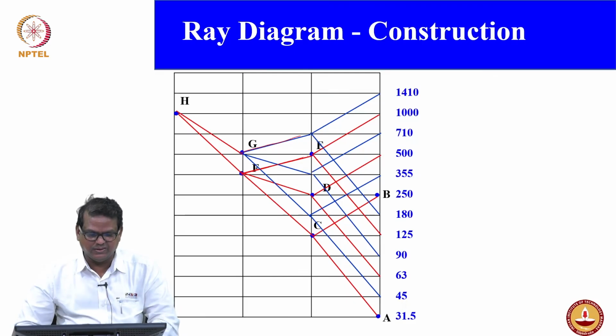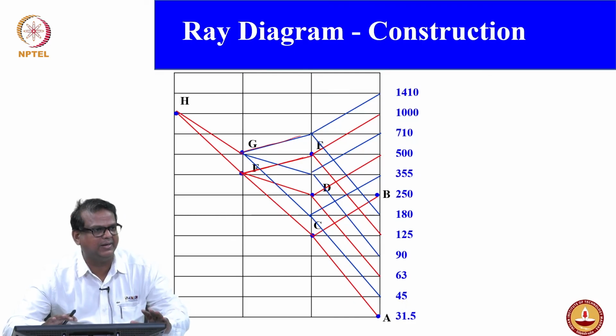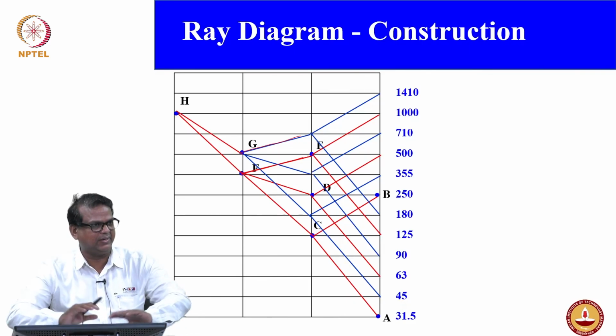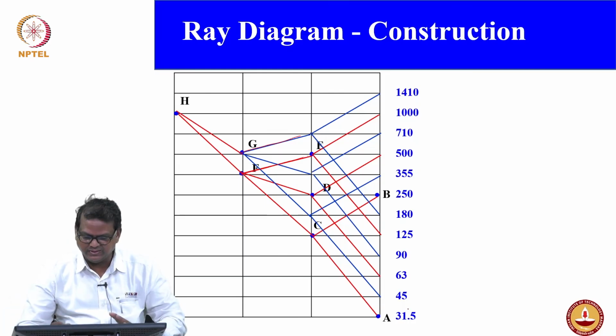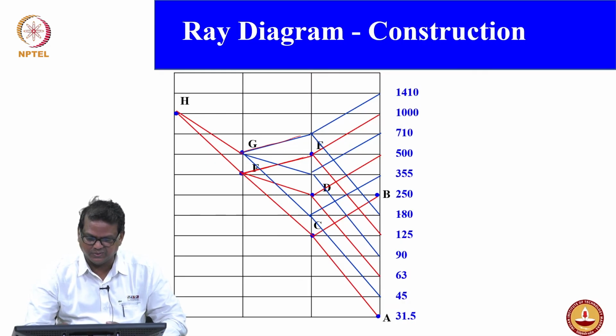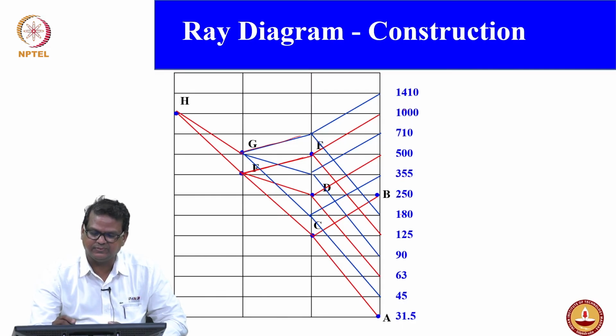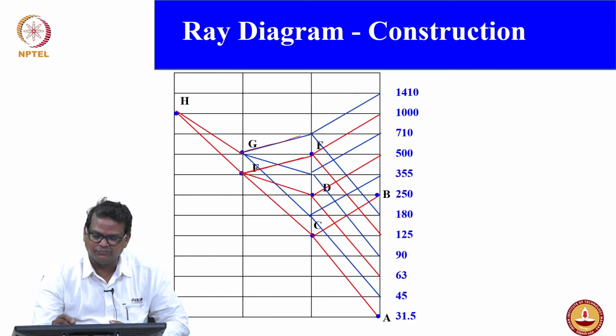Okay. Now can you see that? Did we fill the ray diagram completely? Did we arrive at all the 12 speeds? Look at 31.5, 45, 63, 90, 125, 180, 250, 355, 500, 710, 1000 and 1410.